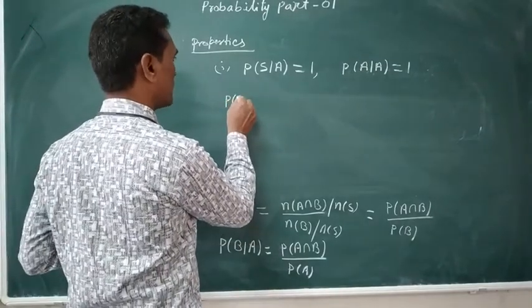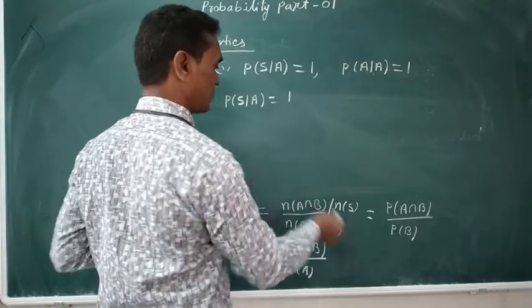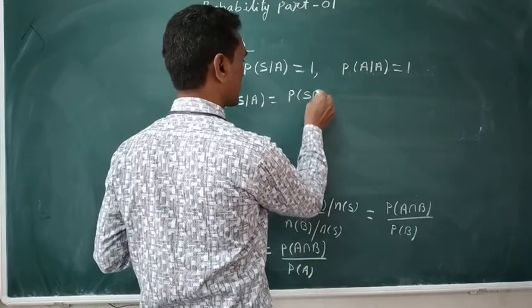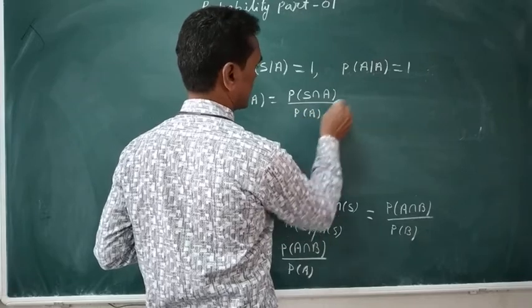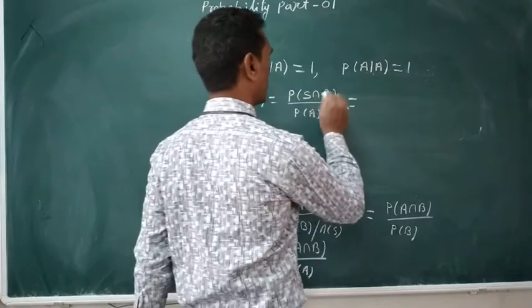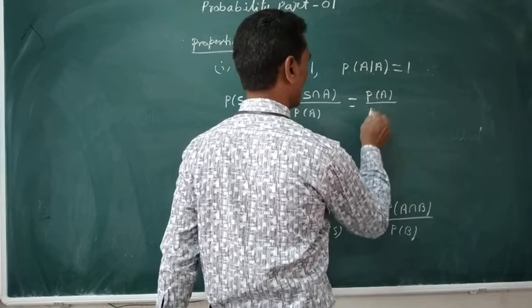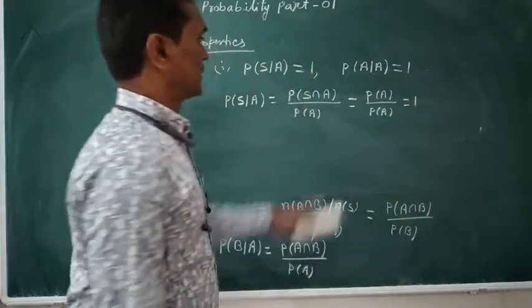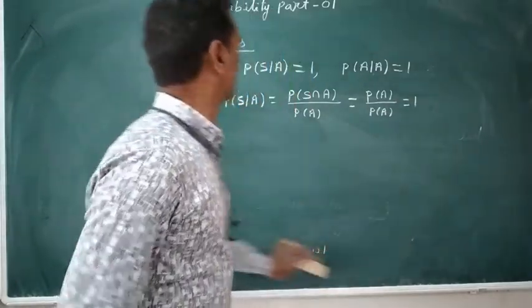P(S/A) is equal to, according to our formula, probability of S intersection A divided by probability of A. Obviously A is a subset of S, so the intersection will be A, and A by A is equal to 1. In a similar way, we can prove the second part of this property also.